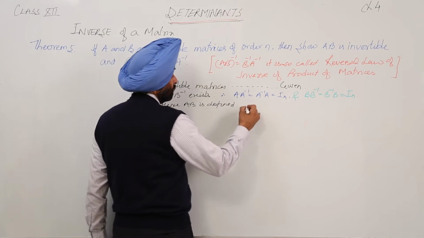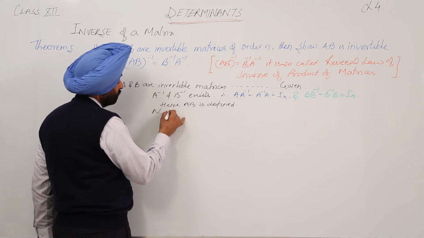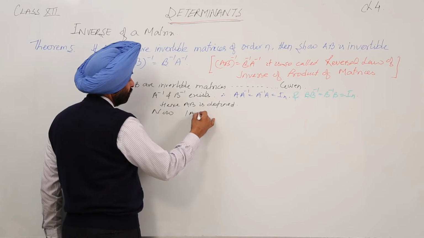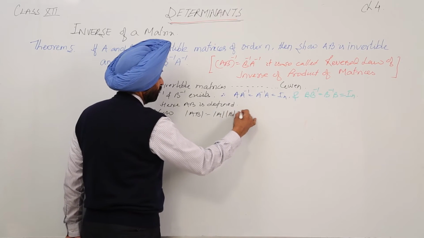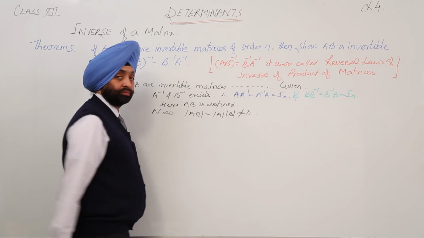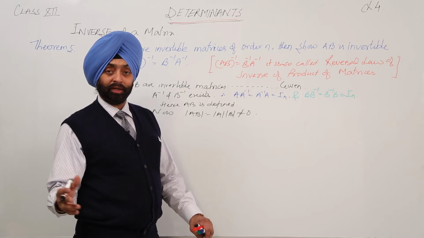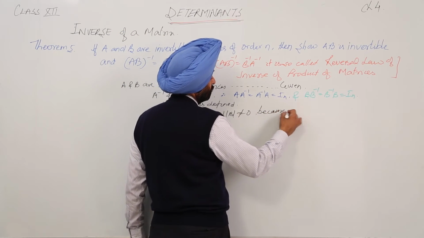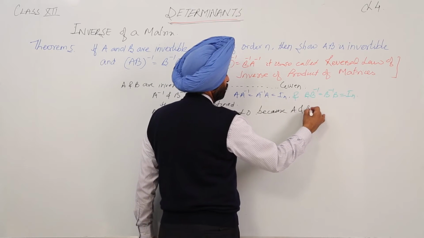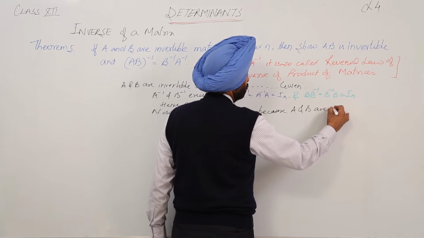Now what we are having: determinant of AB is equal to determinant of A with determinant of B, and this is not equal to 0 because A and B are invertible.